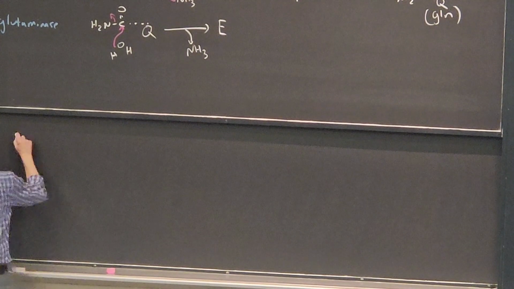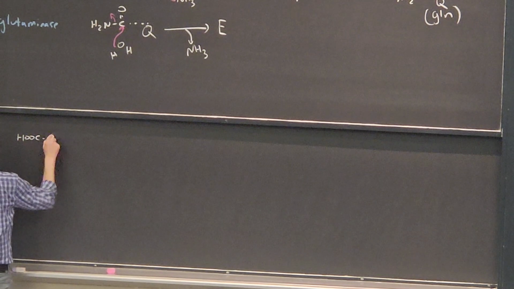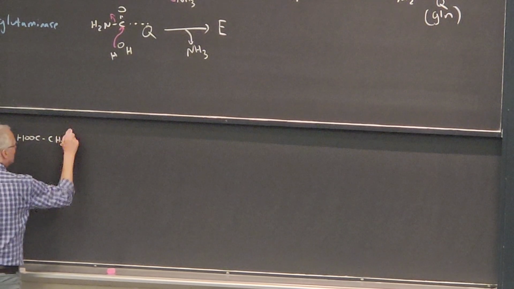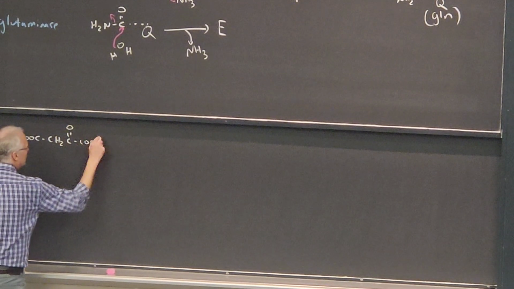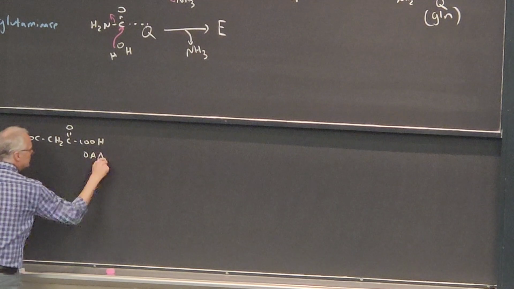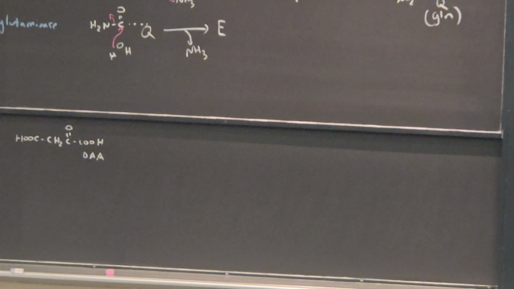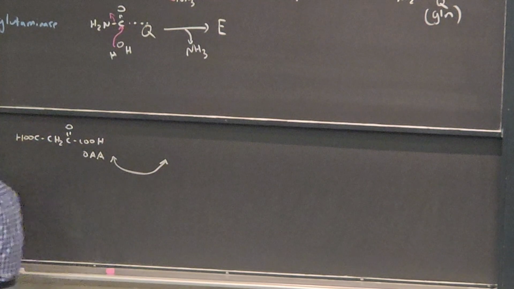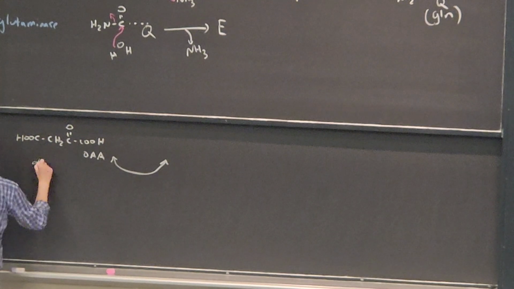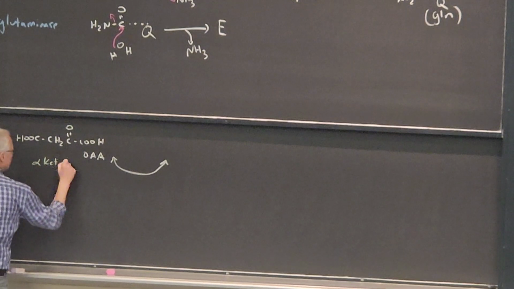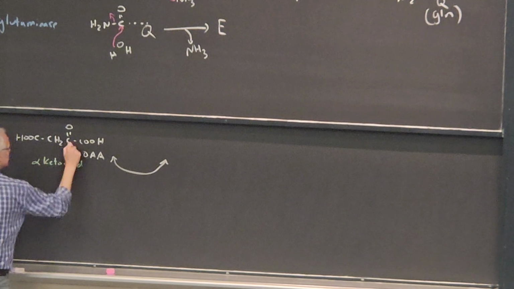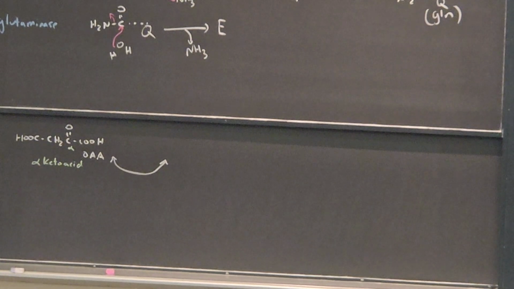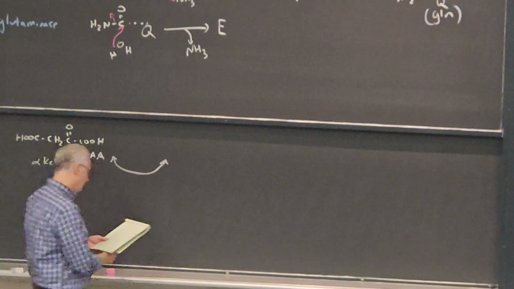Okay, so here is oxaloacetate. Oxaloacetate is an alpha keto acid. Alpha to the carbon-ketone group, alpha to the carboxylic acid.